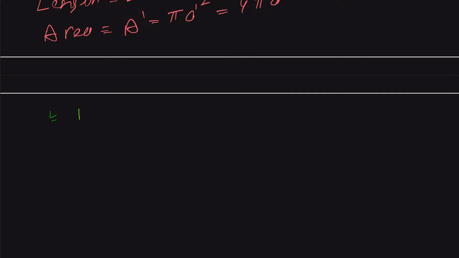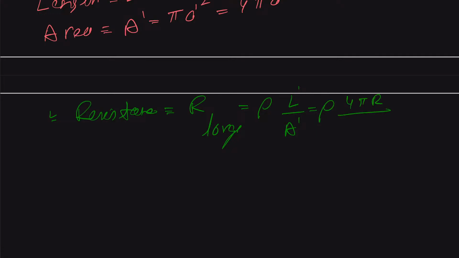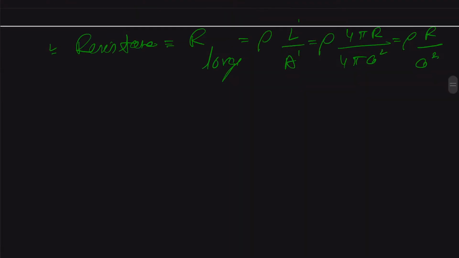Therefore its resistance, which we can say is resistance large, will be equal to rho L prime over a prime, and this comes as rho times 4 pi r divided by 4 pi a square, giving us rho r upon a square, or we can say that the resistance of our large ring will be equal to 1 by 2 the resistance of our small ring.